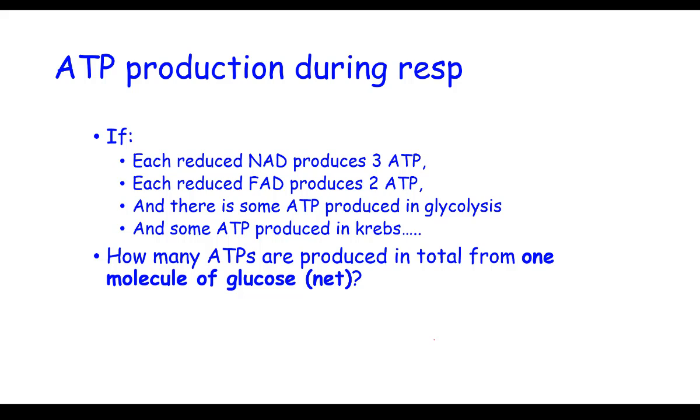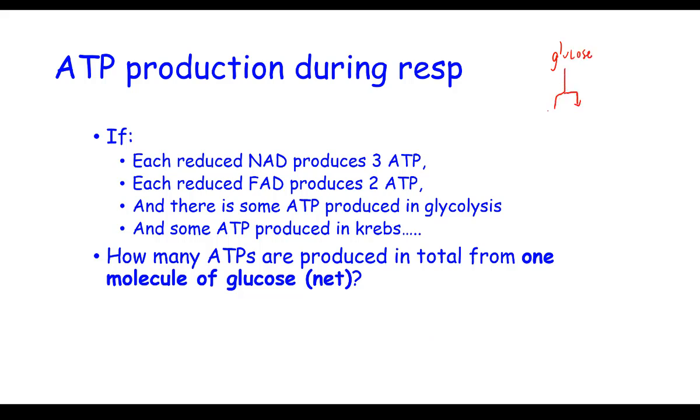Now, this is a little challenge if you haven't done respiration before. So if each reduced NAD produces 3 ATP, each reduced FAD produces 2 ATP, and there's some ATP produced in glycolysis and some ATP produced in Krebs, how many ATPs are produced in total from one molecule of glucose? Now remember, we start with one molecule of glucose.